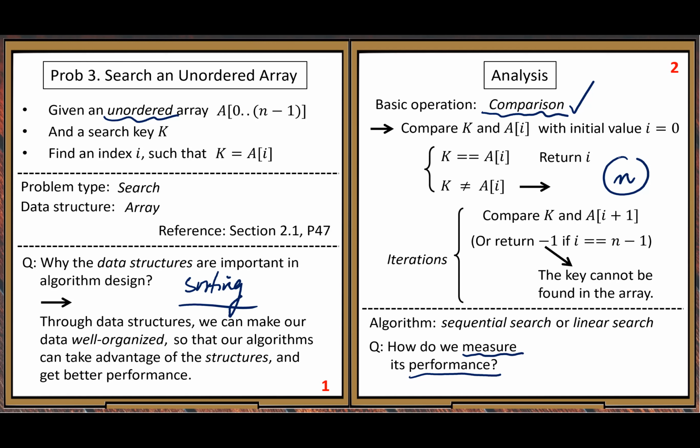Then you have a chance: the first element in the array, you hit it, then only one comparison. After that, you may have 2 comparison cases, then 3 comparison cases, and so on. And the last one, you have n comparison cases.